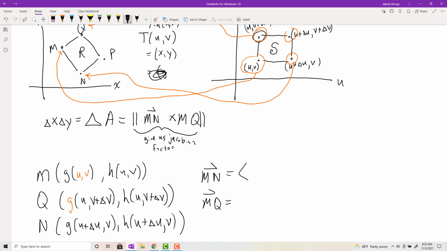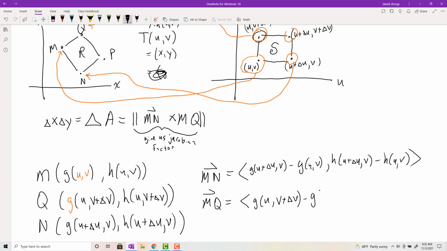So MN, you're just taking differences of components at this point, starting at M and ending at N. So it's going to be G of (U plus change in U, V) minus G of (U, V), and then the same thing with the H. And then MQ is going to be the same spiel, but now I have G of (U, V plus change in V) minus G of (U, V), comma H of (U, V plus change in V) minus H of (U, V).